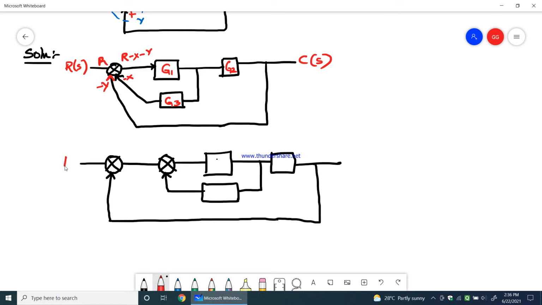So this is R of S. Now this is minus, and this is also minus. Now this is G1, G2, G3, and this is C of S. See the way now how it looks.